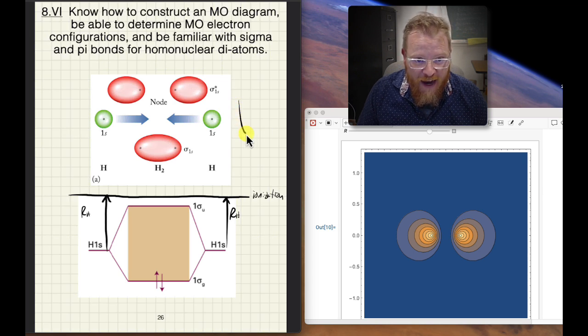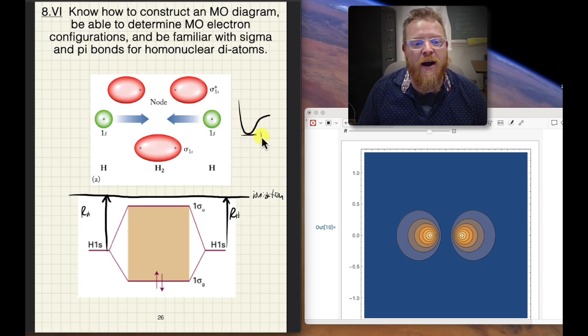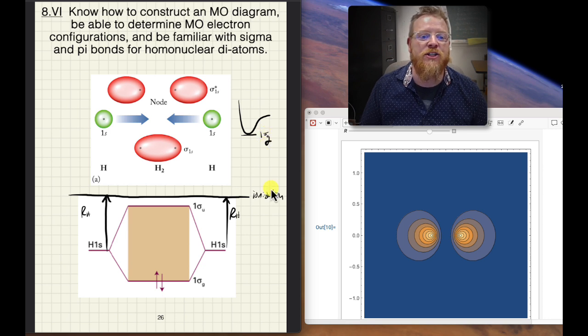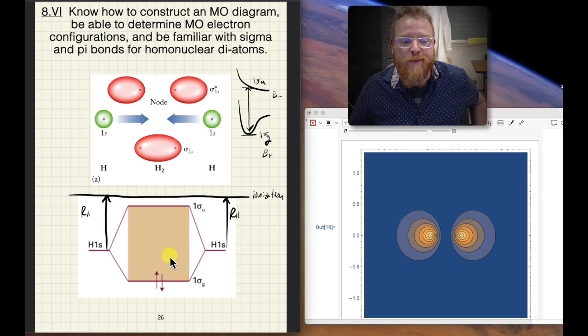Recall that had this shape, where the minimum of that corresponds to 1σg. And then the 1σu, the E minus, recall that was from E plus, and the E minus solution had this repulsive state. The difference between those is represented in our graph by this difference right here, which is pretty cool.